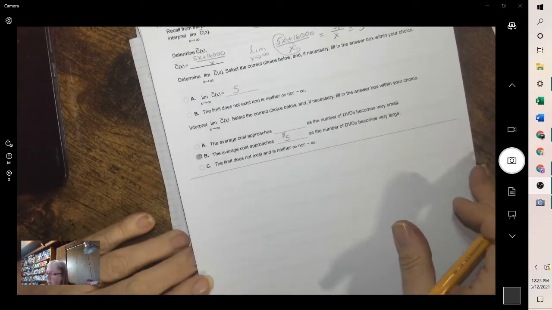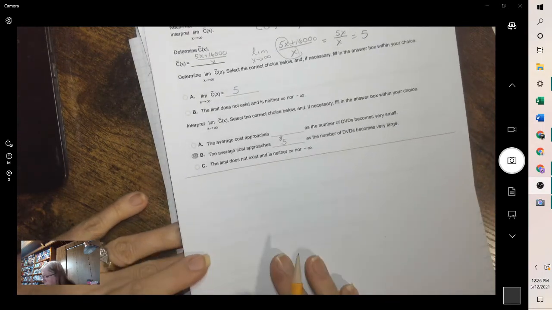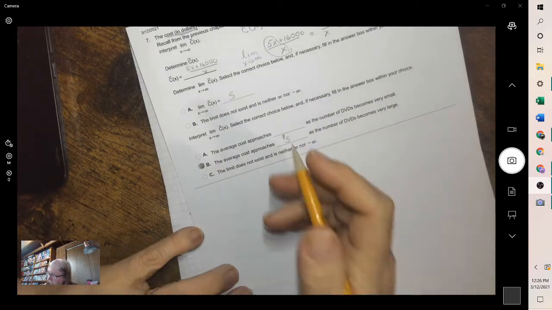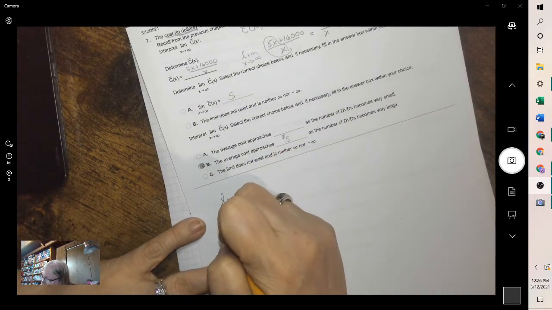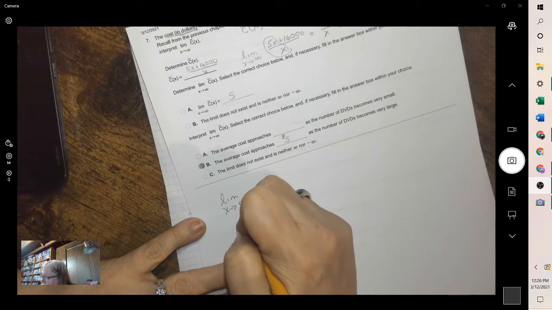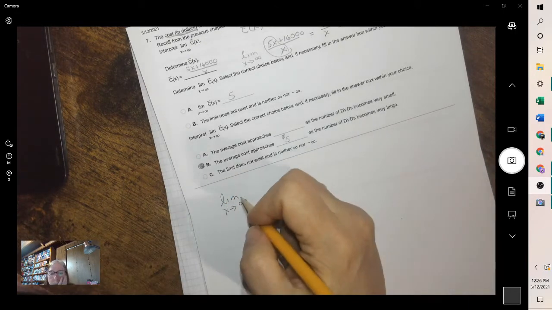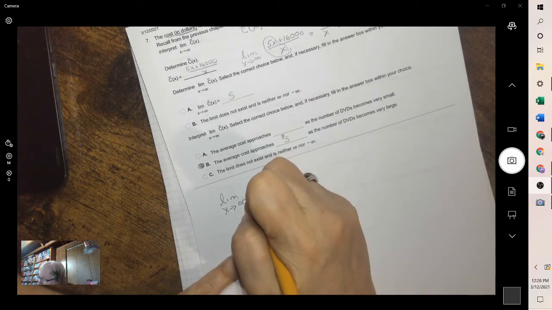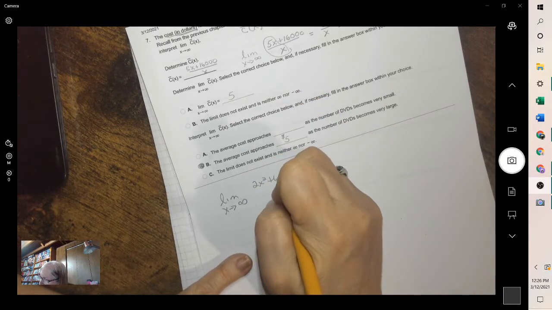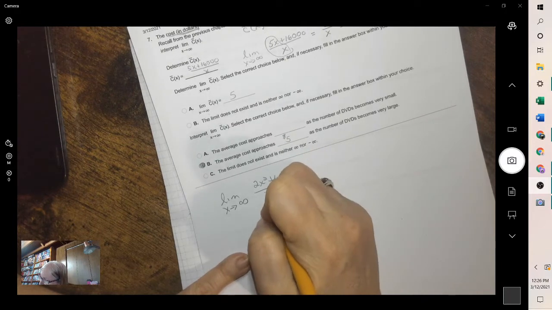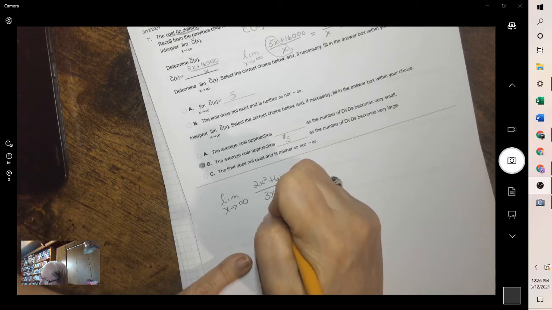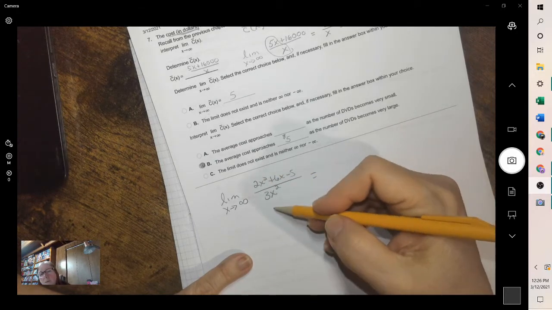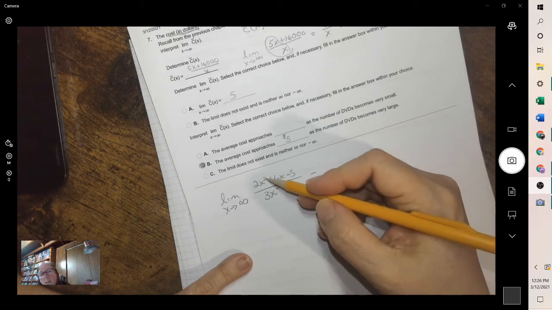When you're finding limits to infinity, there are 3 cases. When the degree on the top and bottom is the same, like this one, here the degree on the top is 2 and the degree on the bottom is 2 because of the exponent.